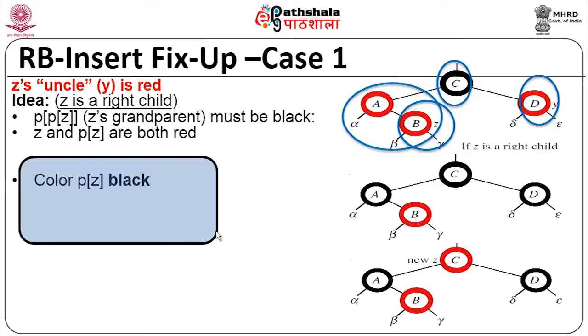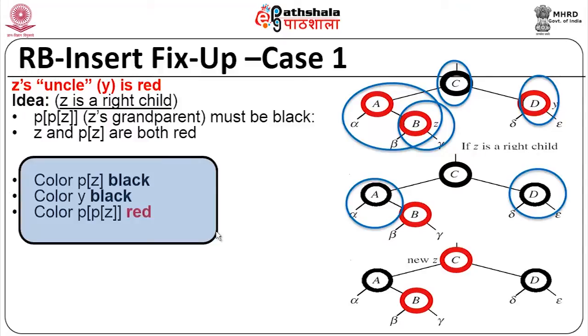Then what should you do? Color P of Z, that is A, black, that we have done. Then color Y black, that uncle, so that also we have done. And then color parent of Z, that is C, as red, also we have done.